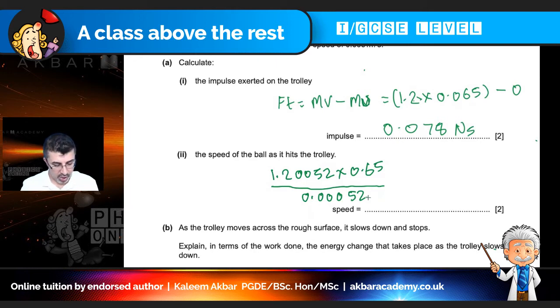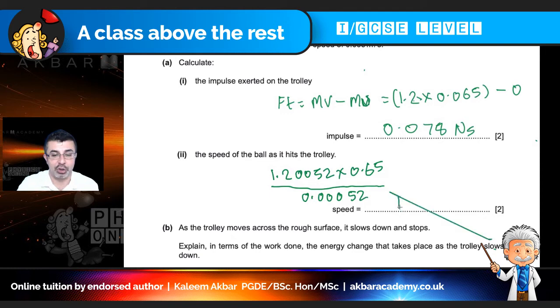I get 100. I've done something wrong. Let me just check that again. 1.20052 times 0.065 divided by 0.00052. Yep, I just added an extra zero there.